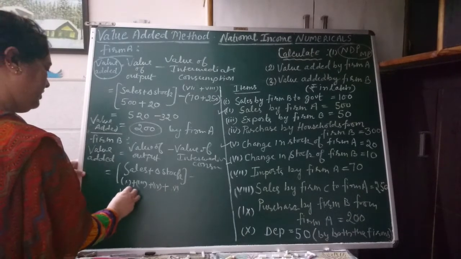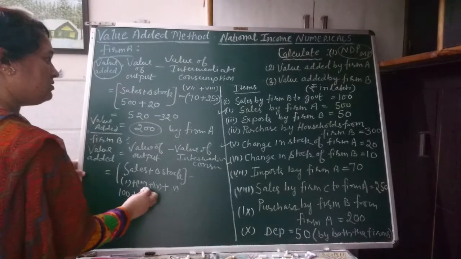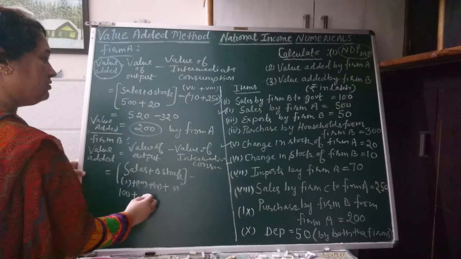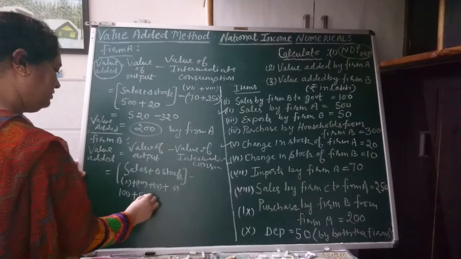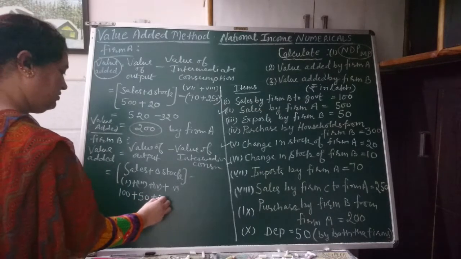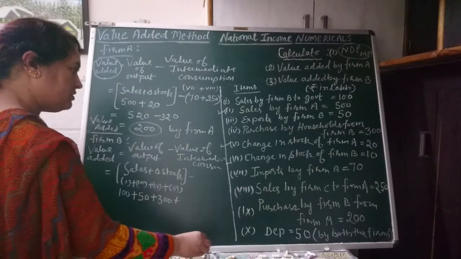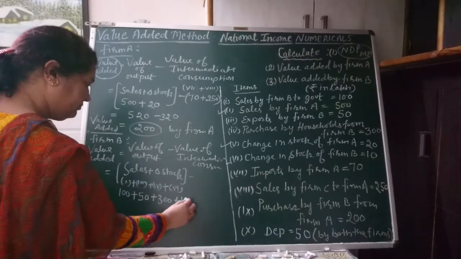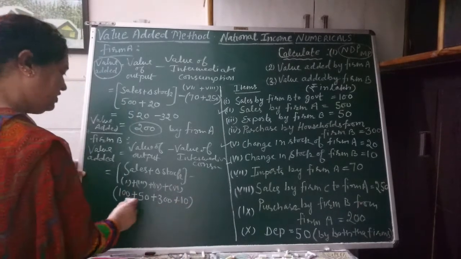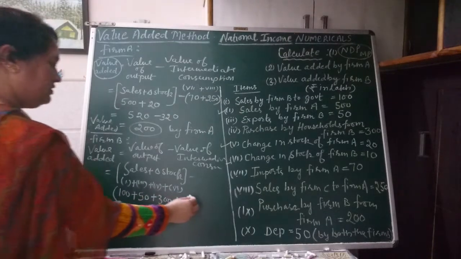So by putting the values, we get value of output: 100 plus 50 plus 300 plus the 6th item, which is 10. So these all are the values of sales.